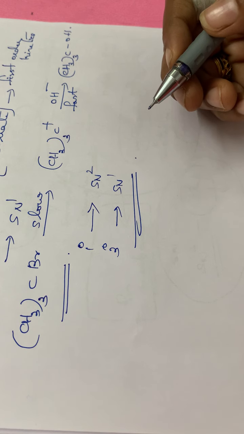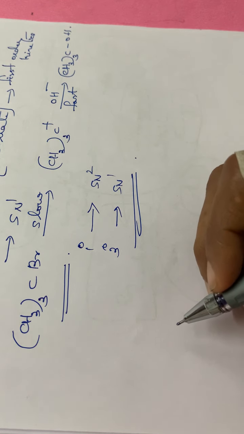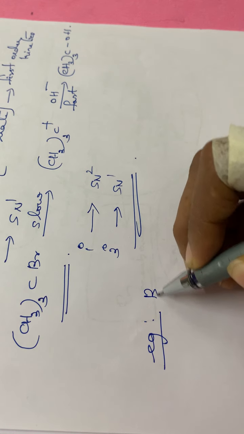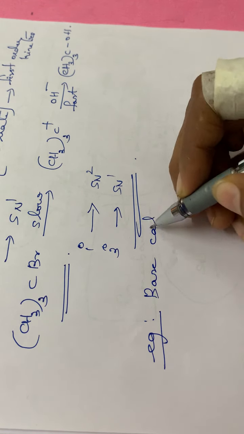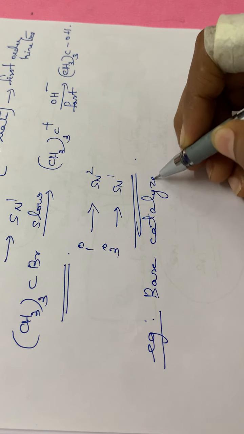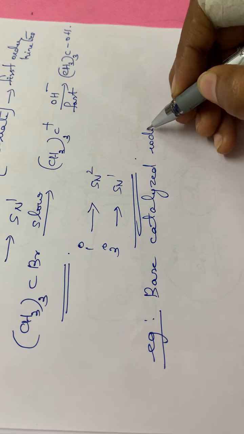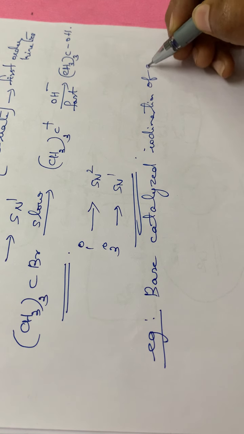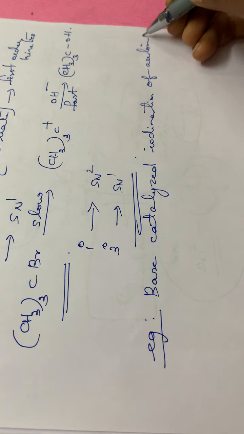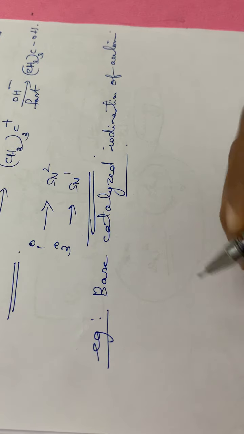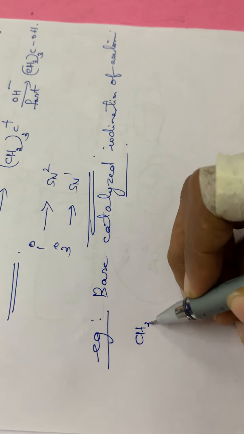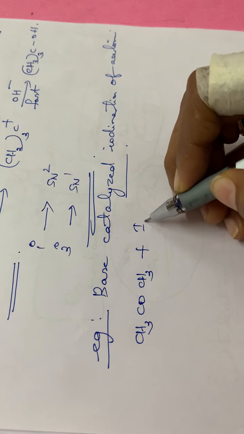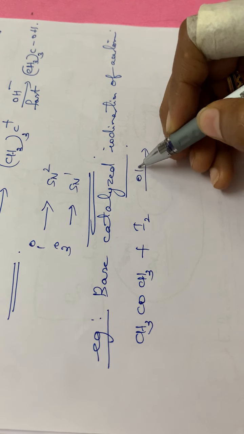So this is the kinetics of a reaction. One more example is given in your textbook, that is the base catalyzed iodination of acetone. That is CH3COCH3 plus iodine in presence of OH minus.